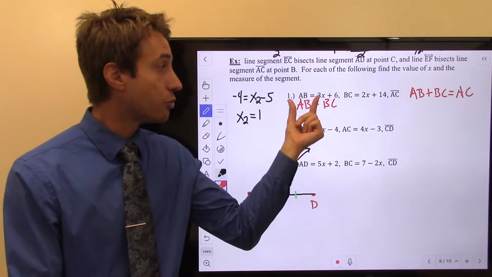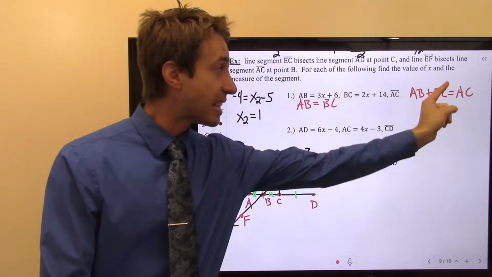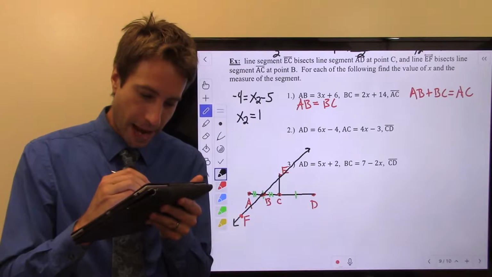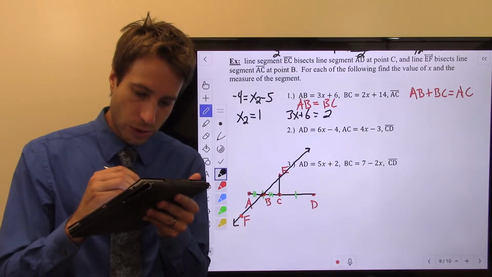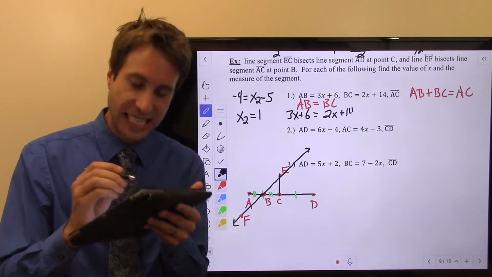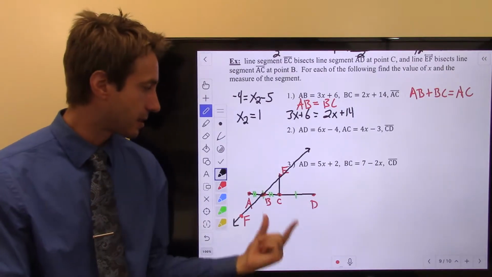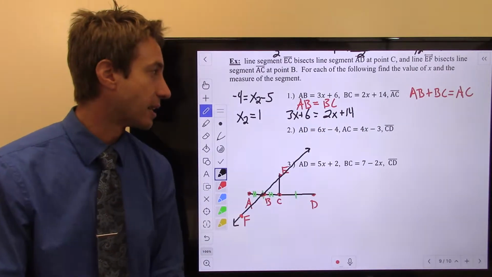So we're going to do that first to find x. Once I know x, I can then use that to find AC. So here we go. I have 3x plus 6 is equal to 2x plus 14. Again, I know that because B is the midpoint. It bisects AC, splits it into two congruent parts. Set them equal to each other.